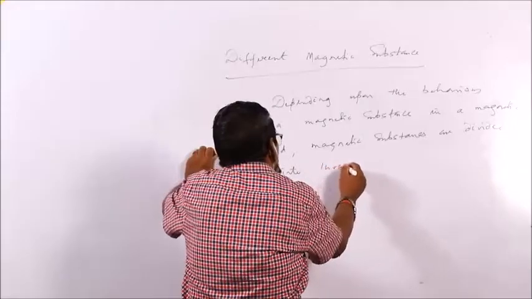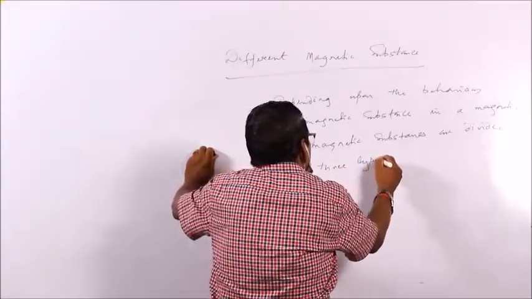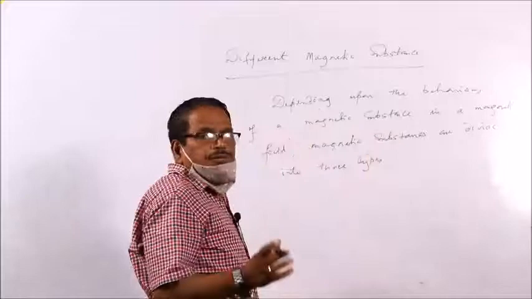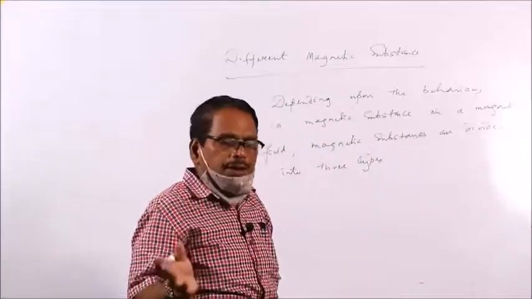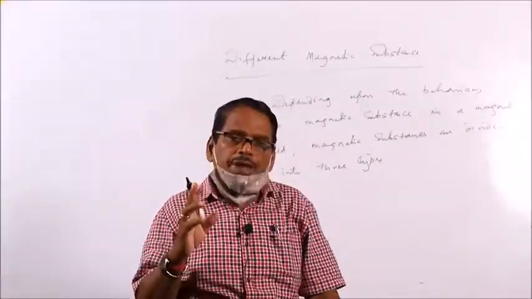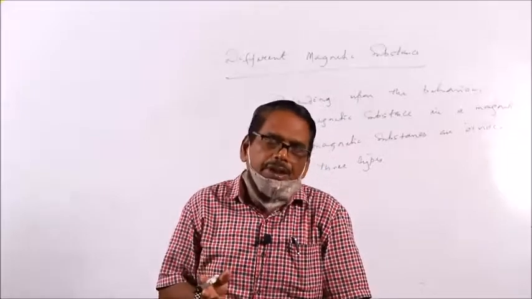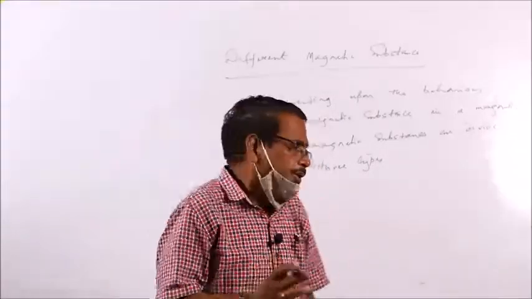We will discuss the substances one by one. There are three types of magnetic substances. What are the three types of magnetic substance? One is diamagnetic substance, second is paramagnetic substance, third is ferromagnetic substance.